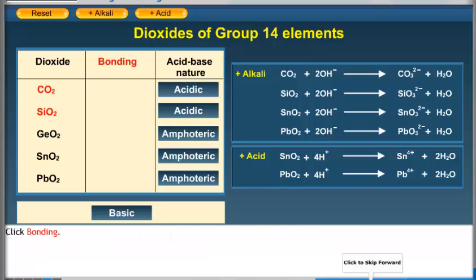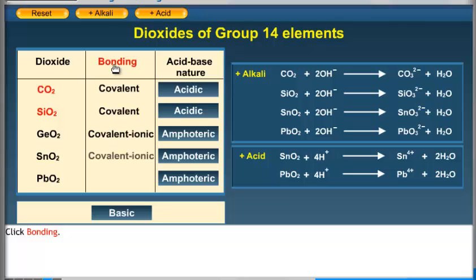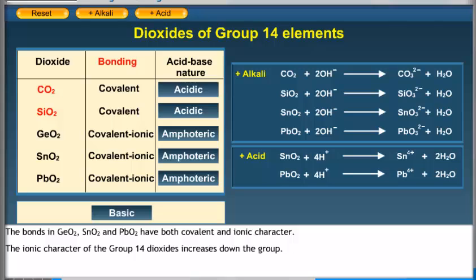Click Bonding. The bonds in GeO2, SnO2, and PbO2 have both covalent and ionic character. The ionic character of the group 14 dioxides increases down the group.